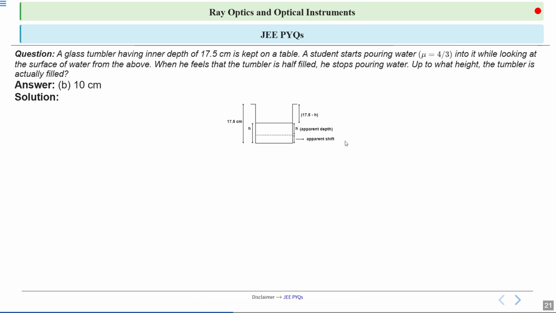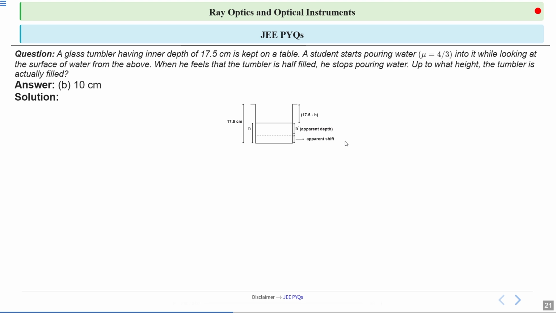But due to the apparent shift caused by refraction, the bottom of the glass tumbler looks somewhat raised upward, due to which the height visible to the student is different from the actual height h. He feels that the tumbler is half filled.